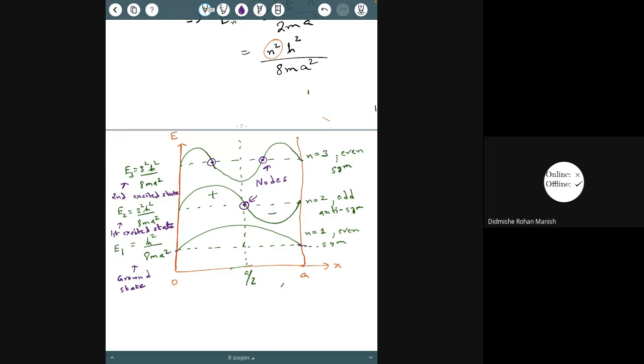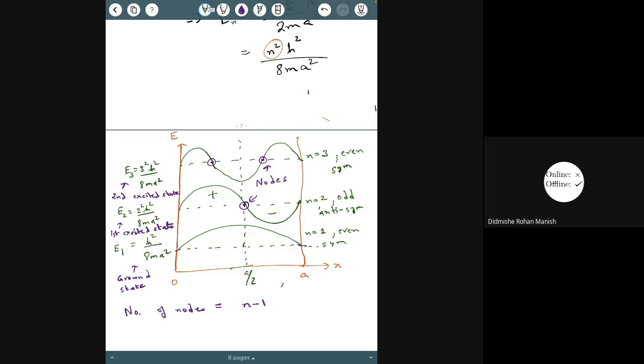This is again a very special thing for quantum mechanics, having nodes in a probability distribution. For a particle in a one-dimensional box, the number of nodes is always equal to n minus 1. So for n equal to 2, you have 1 node. For n equal to 3, you have 2, and so on.